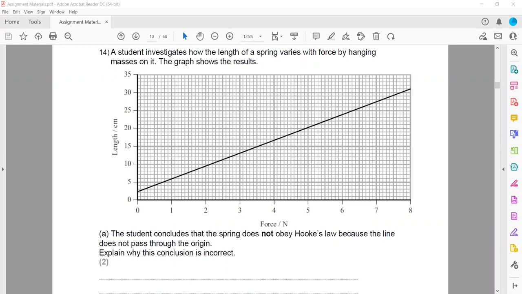So the student wrote the statement according to force and length, and concluded that it is not obeying Hooke's law because the graph does not start from the origin. But that's not true, because Hooke's law shows a relation between force and extension, and it is a straight line, which shows the extension is increasing at the same rate as the force.